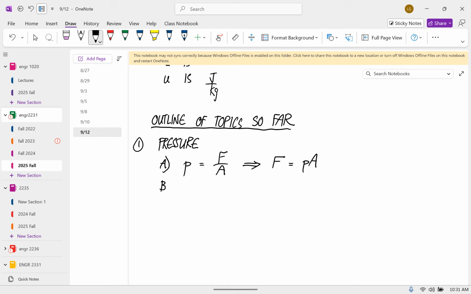And then second, we had our main pressure equation that everything else derived from.